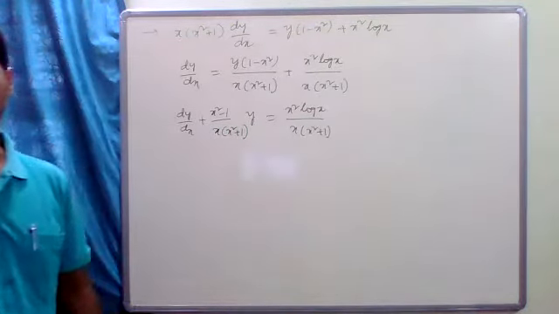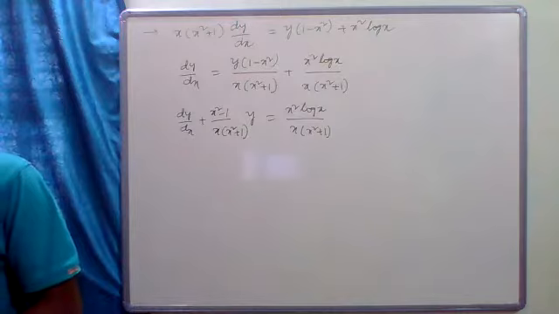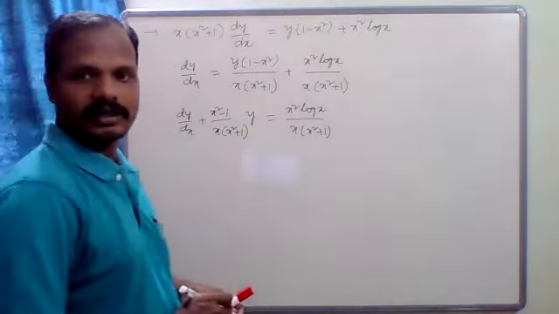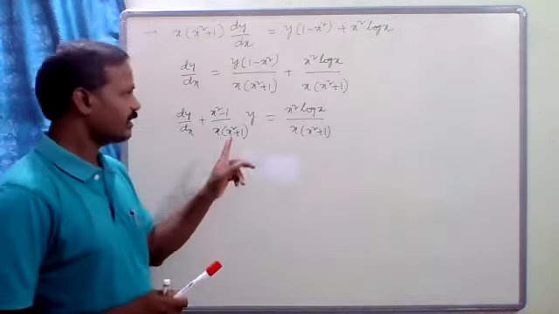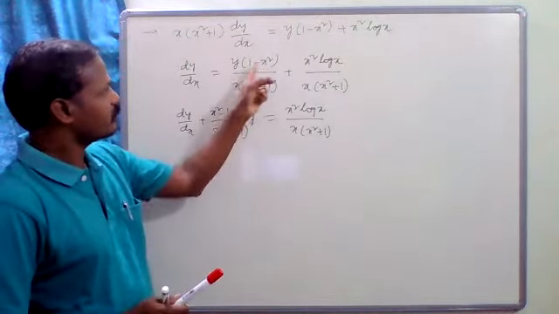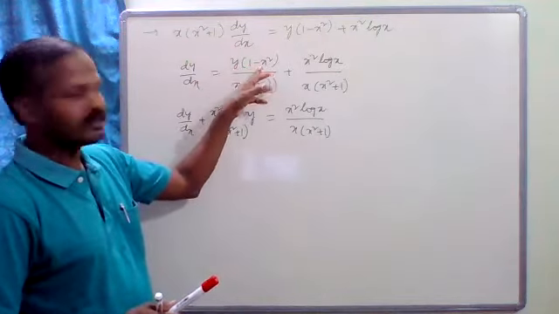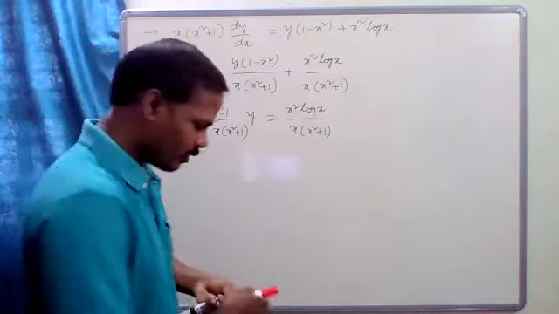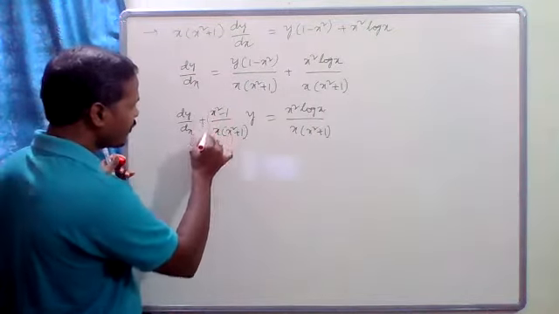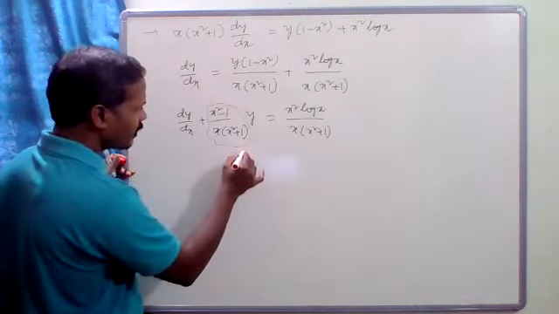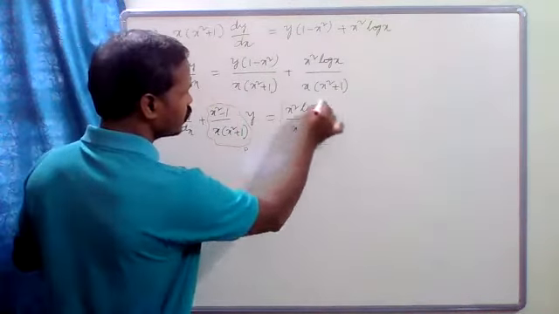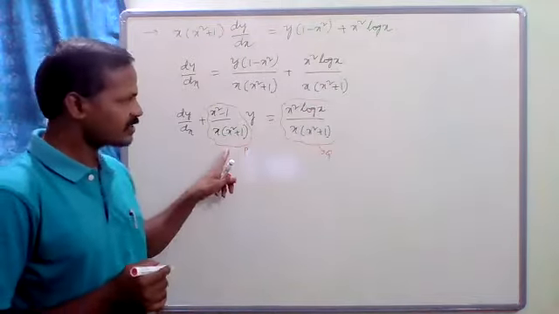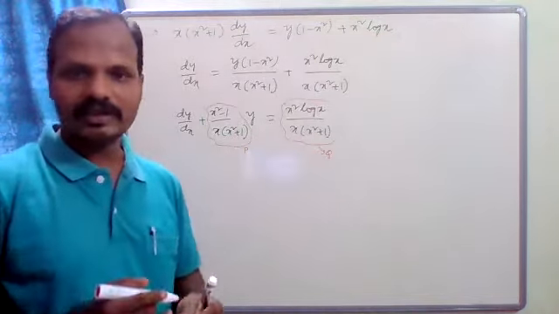Actually it is minus of (1 minus x square), that is x square minus 1. Now this is our p, and this is our q. So p is a function of x and q is also a function of x.